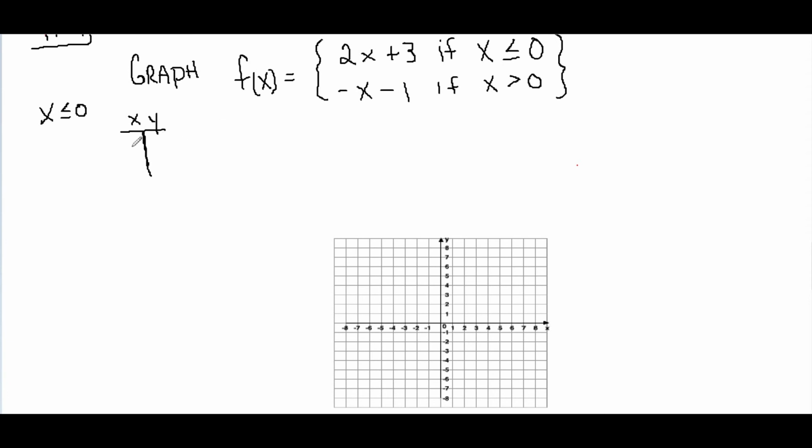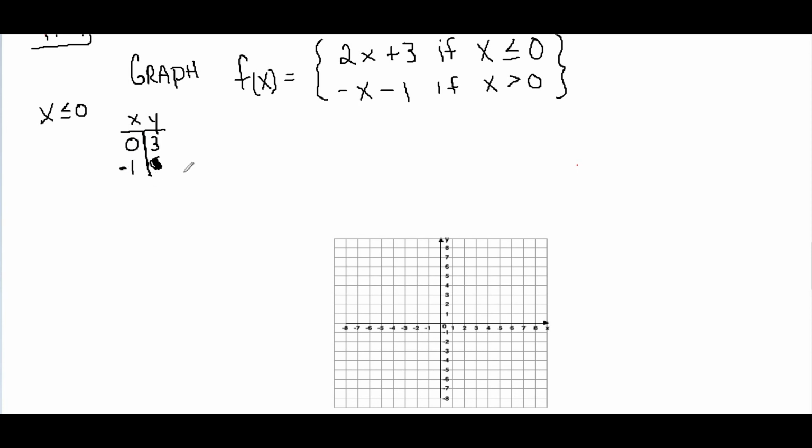So when x is 0, y would be 3. If x is 1, y would be 5. Oh, I beg your pardon. Let me change that. x has got to be less than or equal to 0, so the 0 is fine, but I've got to use -1 here.